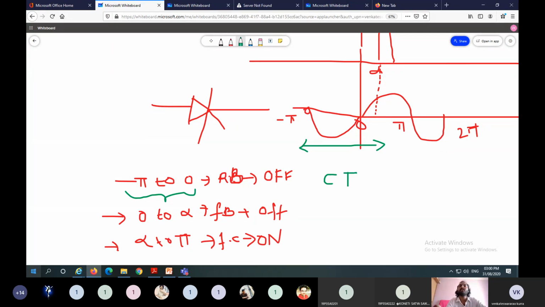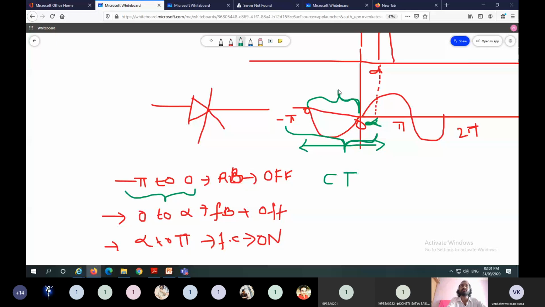Circuit turn off time means the time for which the device is in reverse blocking mode. Here, from minus 5 to alpha, this time is device turn off time, and this time is circuit turn off time.